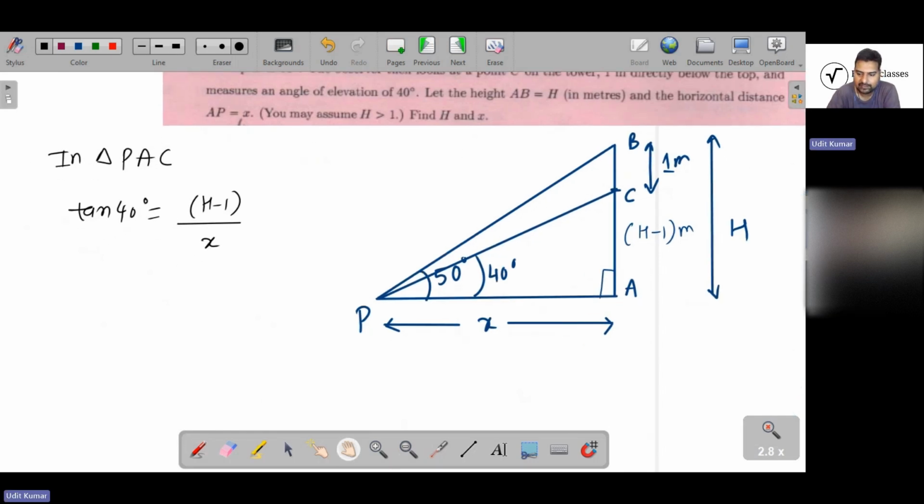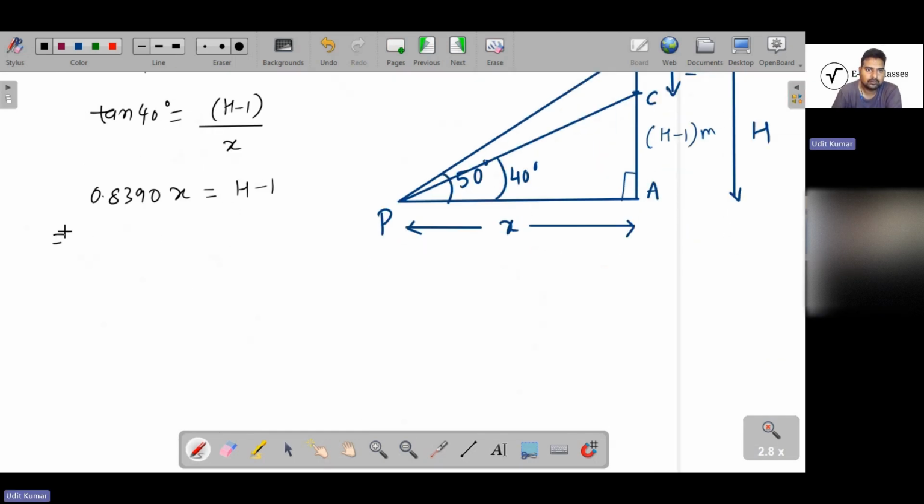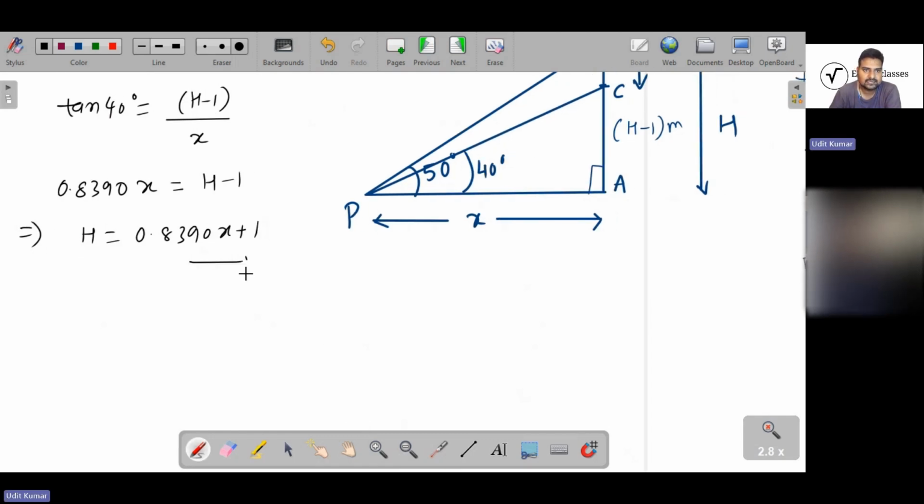Find the value of tan 40 degrees: 0.8390. So x will be equal to h minus 1, or you can also say that h will be equal to 0.8390x plus 1. Let's say this is equation 2.